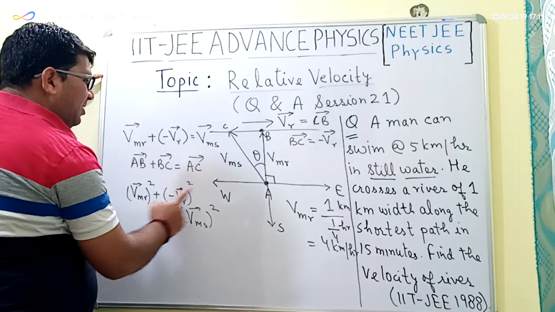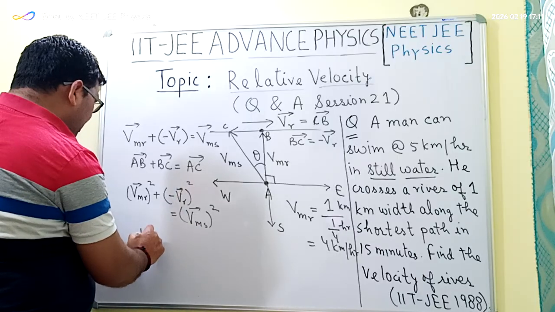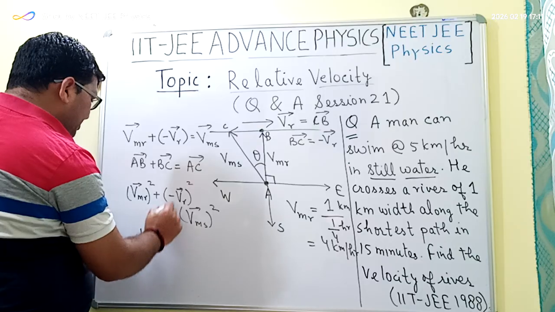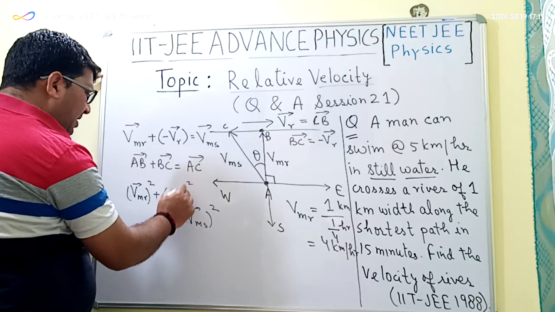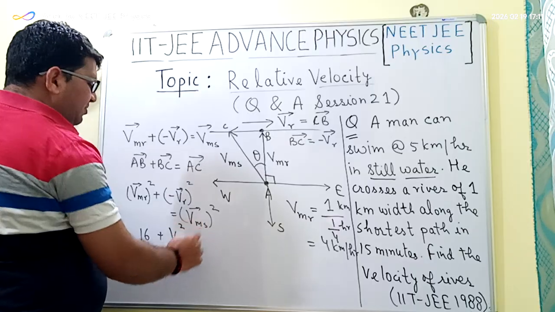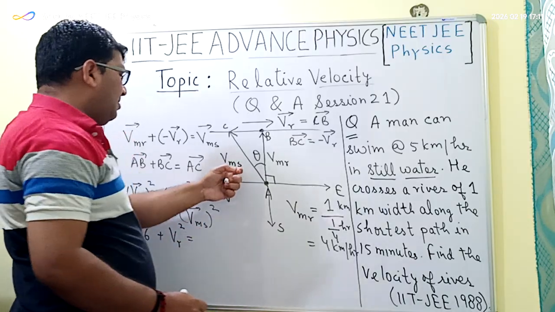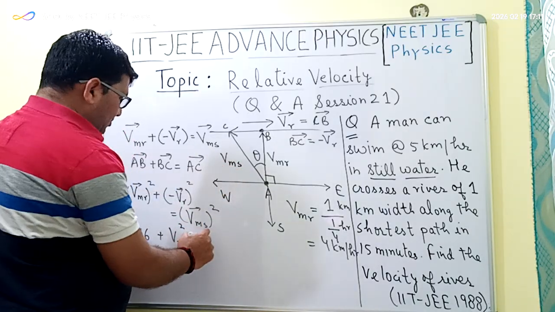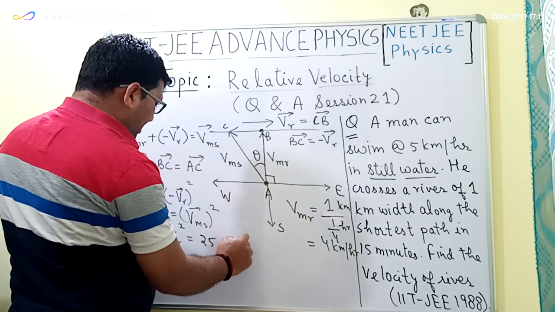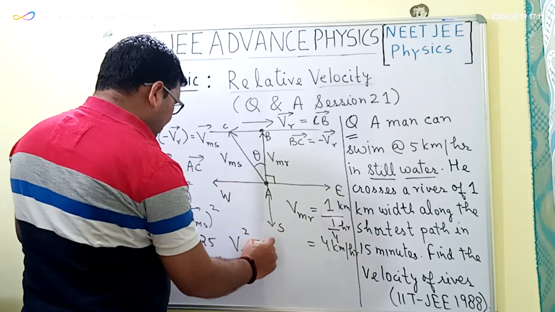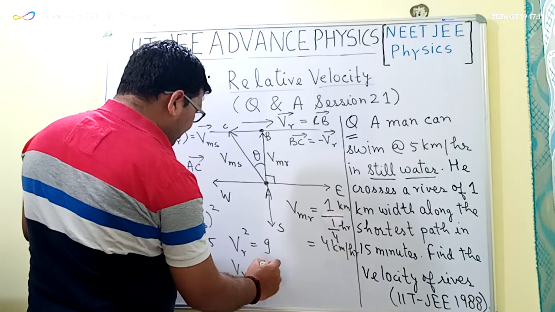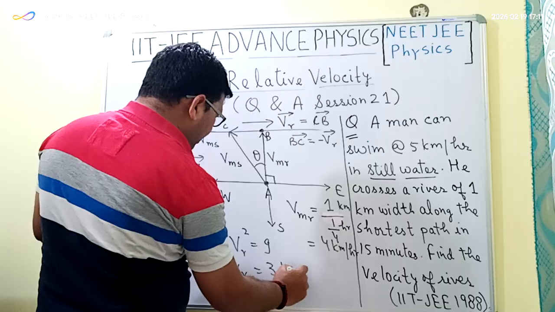Here VMR, the velocity of the man with respect to the river, is equal to 4, so 4 whole square is equal to 16, plus VR square, equal to the velocity of the man in still water, which is 5. So 5 square is 25. So VR square will be equal to 9, and we can say that the velocity of the river will be equal to 3 km per hour.